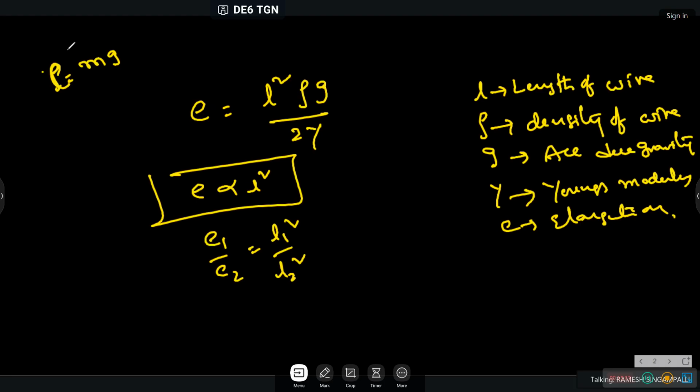Simply mg is equal to... already I gave force, F is equal to Y A alpha delta T for change in temperature, otherwise Y A alpha delta L also we can, or not?